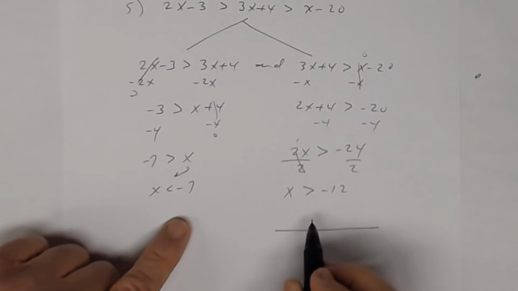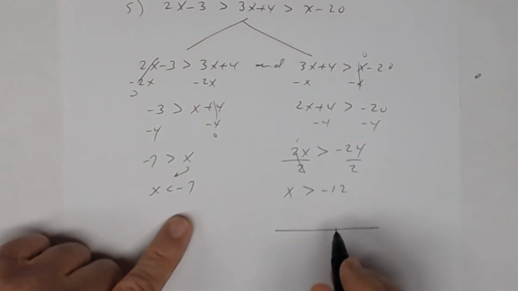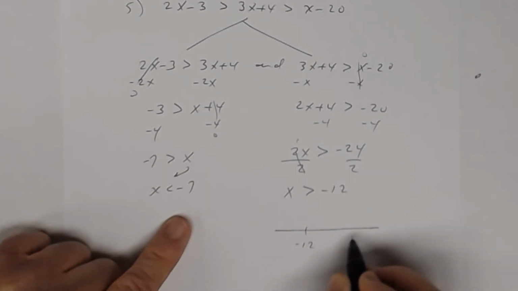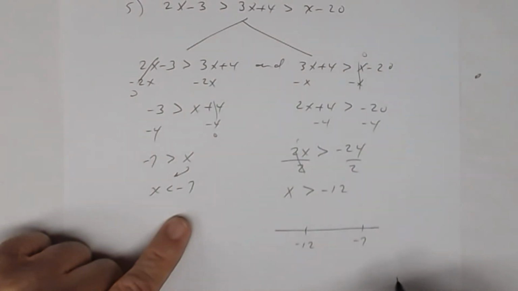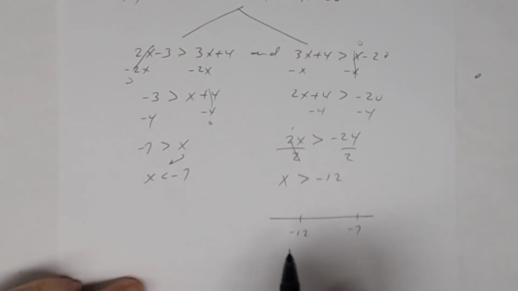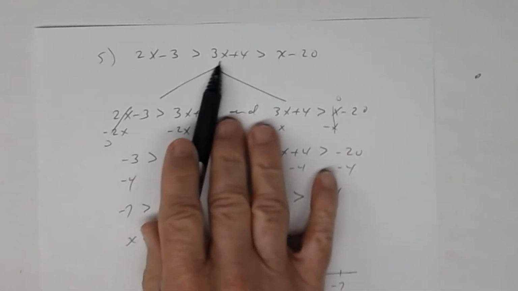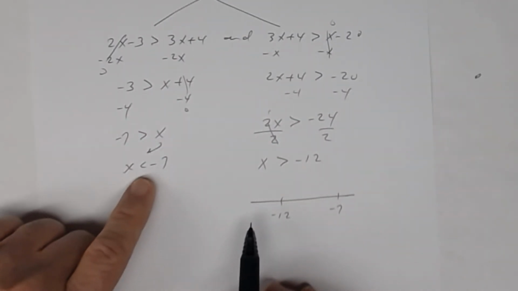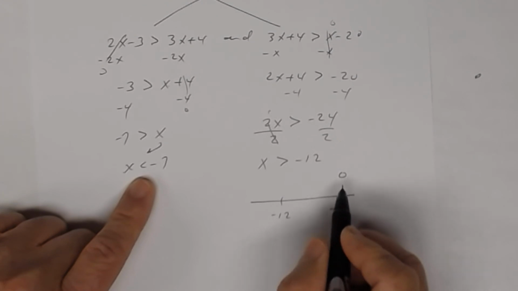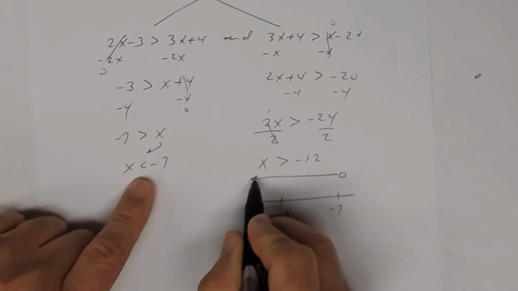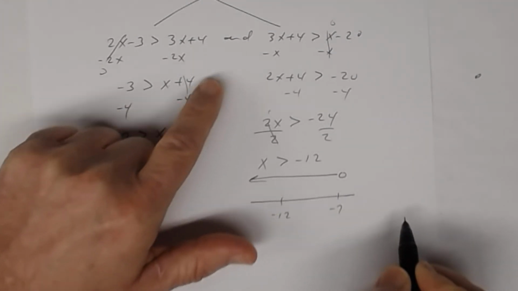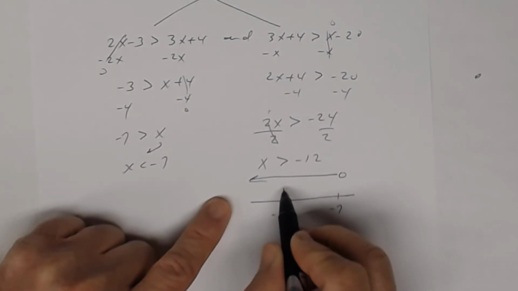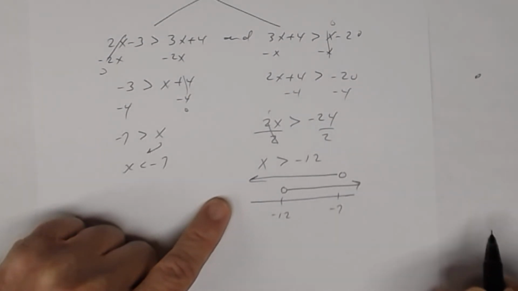Okay, so let's put -7 and -12 in the correct order. So -12 is smaller than -7, so make sure you put those correct. So the solution to the compound statement is this: any real number less than -7 and at the same time must be greater than -12.